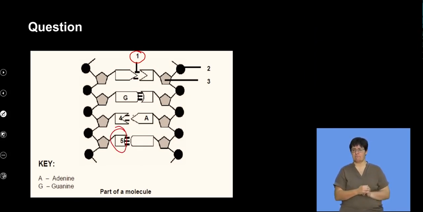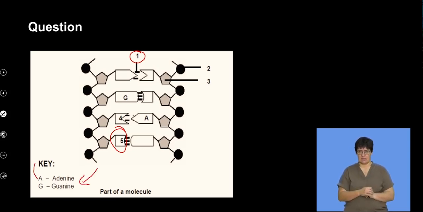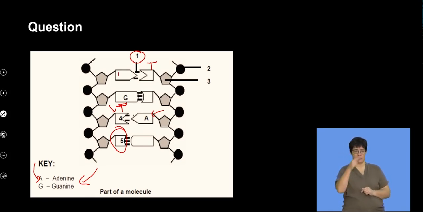This would require us to be able to access the key. If we go to the key, we know that A represents adenine. If we look at adenine, which is clearly indicated at this position, it would mean that number 4 would be thymine. Using that, wherever you see that, there's going to be a thymine there, and that's going to be an adenine based on its shape being similar to this base here.